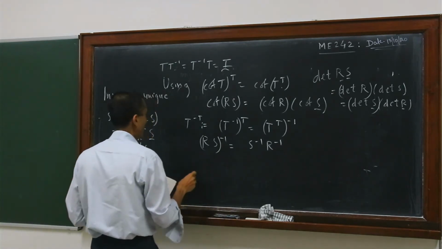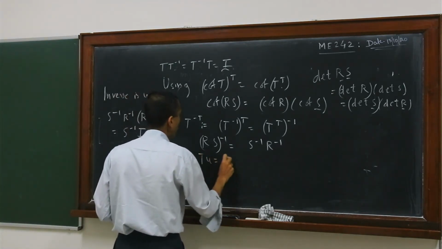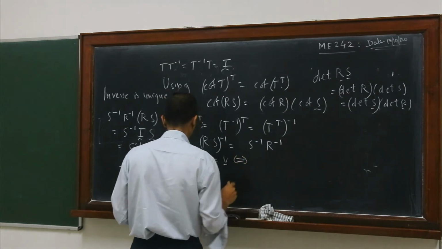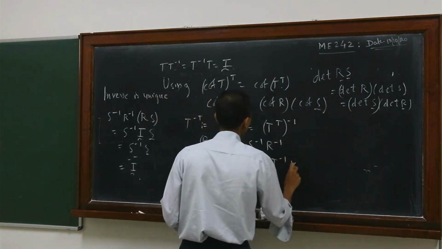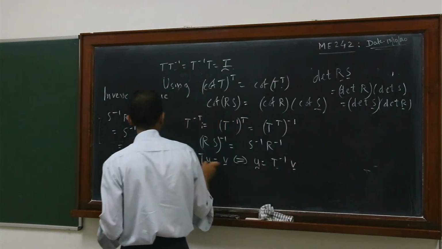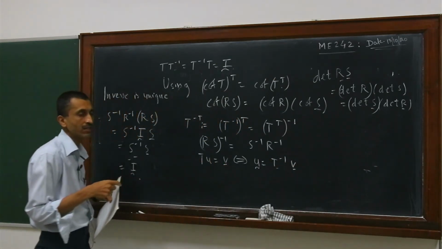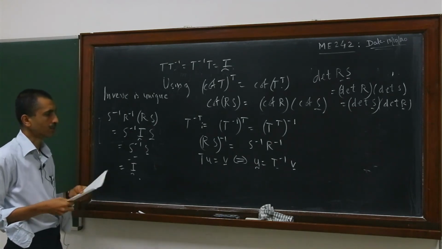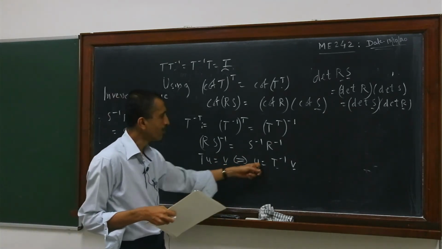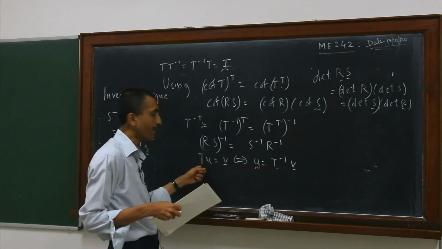And then TU is equal to V is equivalent to U is equal to T inverse V. If you multiply both sides by T inverse, you will get this particular relation. And again, if you multiply this by T, you will get back the original relation.